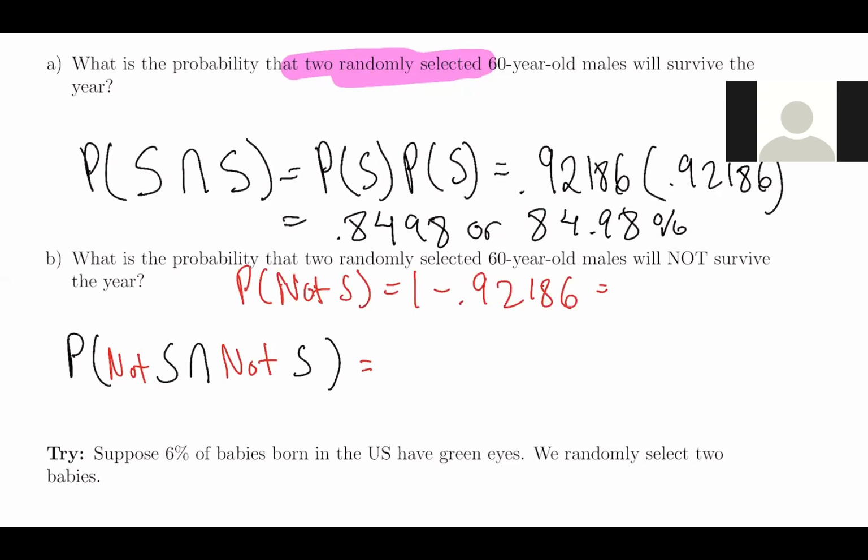So if I do 1 minus 0.92186, you get 0.07814.